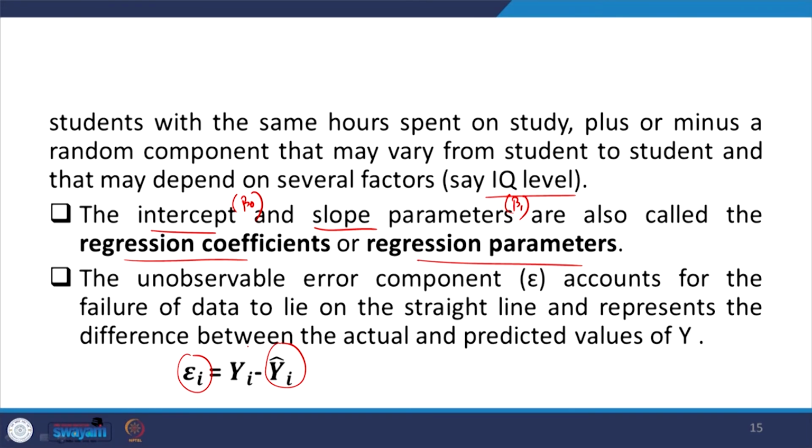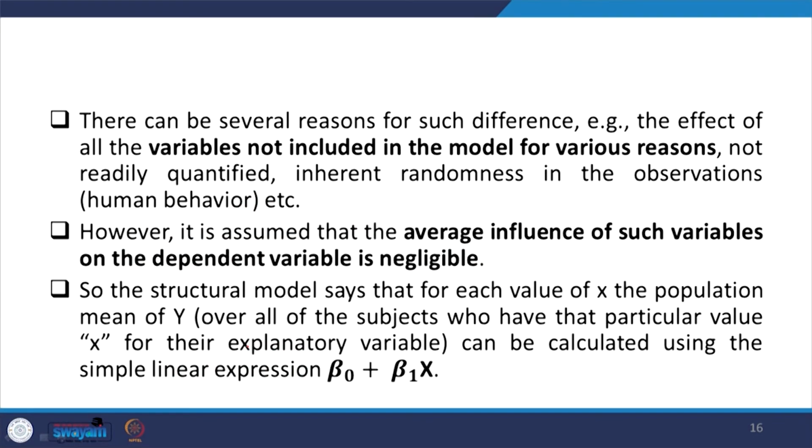Okay. Y hat, we wanted to mention, hat stands for estimated value, that is basically beta x. Okay. The estimated value we wanted to find out through beta x. So, beta naught plus beta 1 x in our model can be calculated.